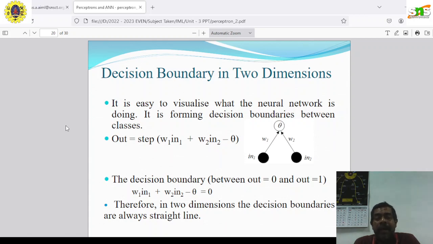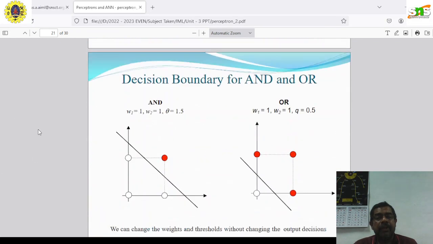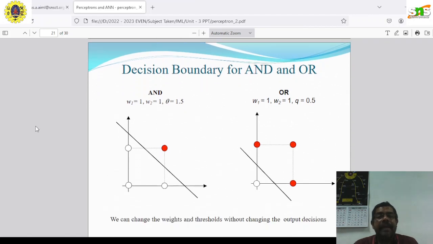Therefore, in 2 dimensions the decision boundaries are always a straight line, because we are deriving the equation as 0. Now the decision boundary for the AND and OR operators.